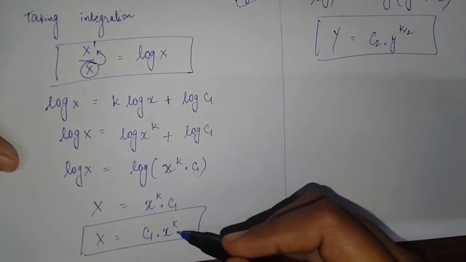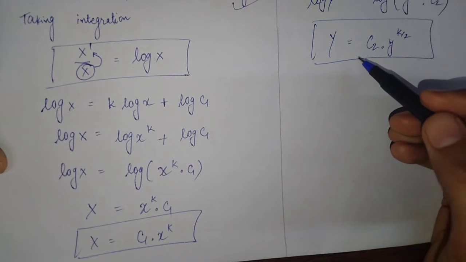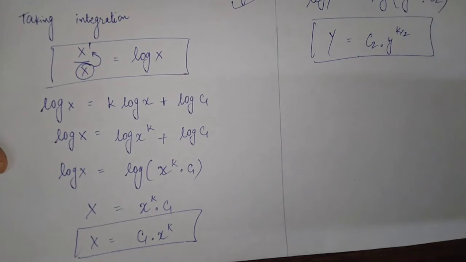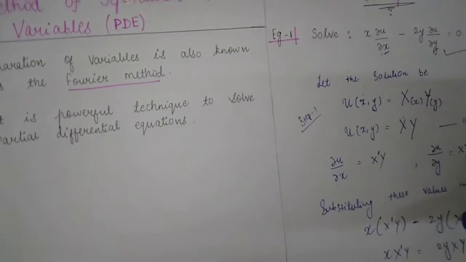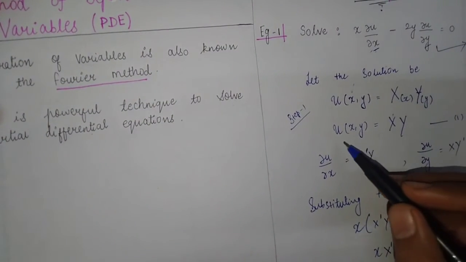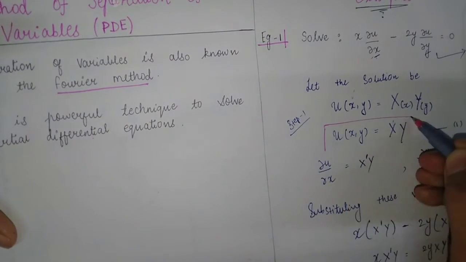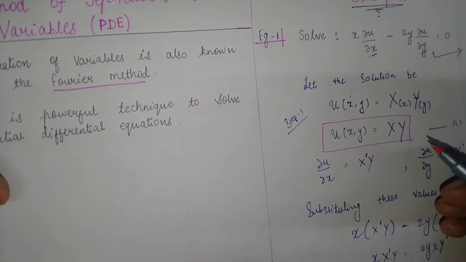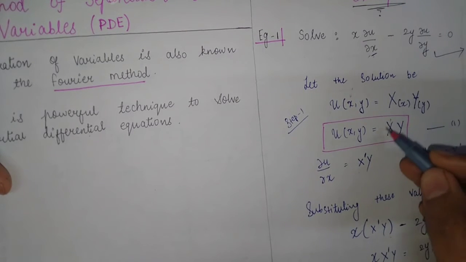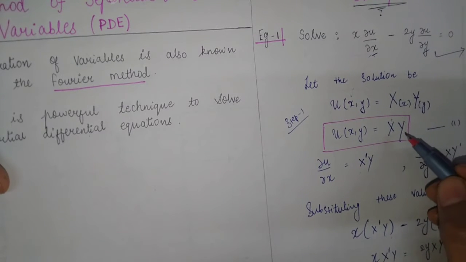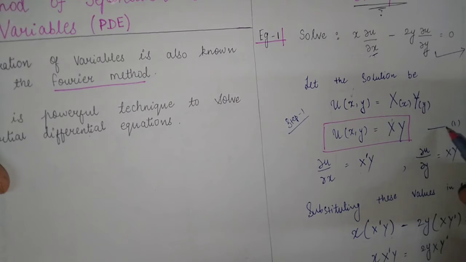You can see that we got x and y terms. Now we have to put both these terms in equation 1. See, in the equation 1, u of x comma y is equal to capital X into capital Y. We got the values of capital X and capital Y, so we will substitute these values in the equation 1.